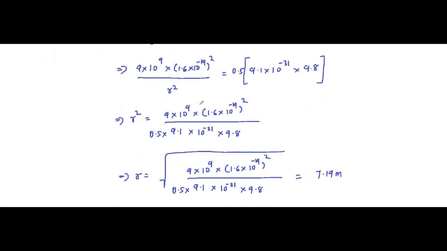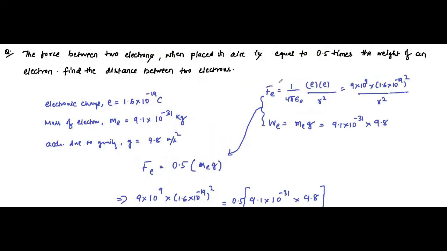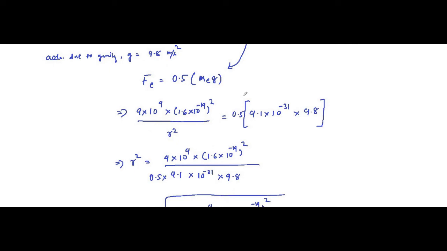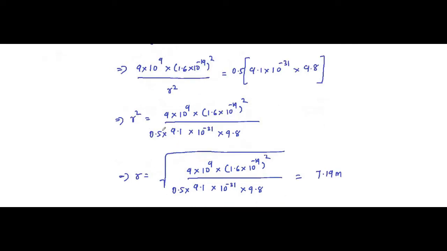It is very easy because there are a lot of steps involved, so you can miss one or two things here and there, and the whole solution will be wrong. So be careful that you include all the parameters. You don't miss that it is 0.5 times the weight of an electron. So that I missed here, 0.5 times. So I did that and we got the result. Okay, r is equal to 7.19 meter.